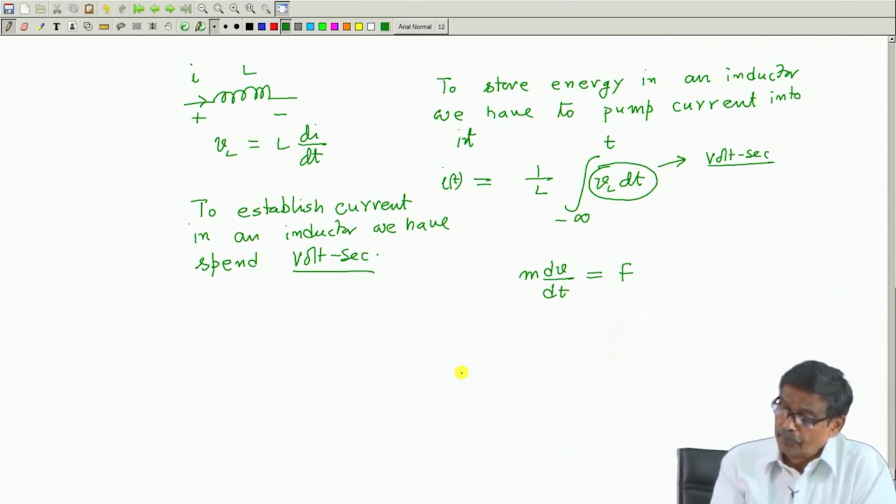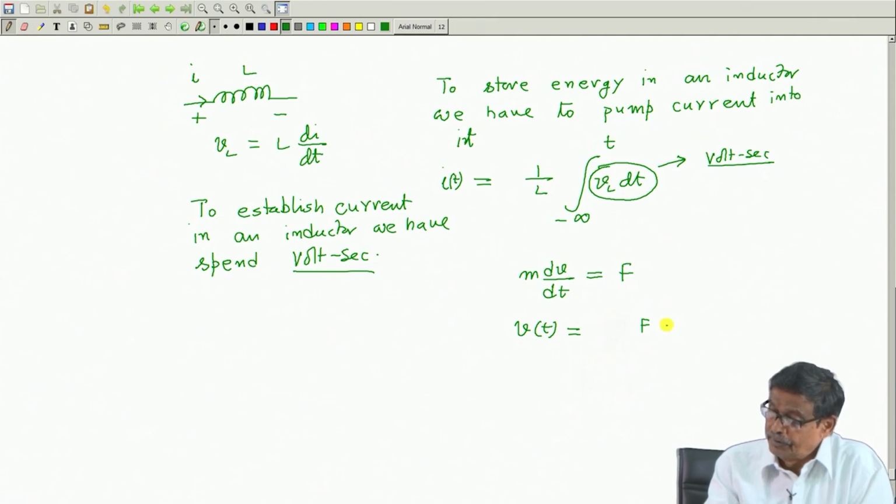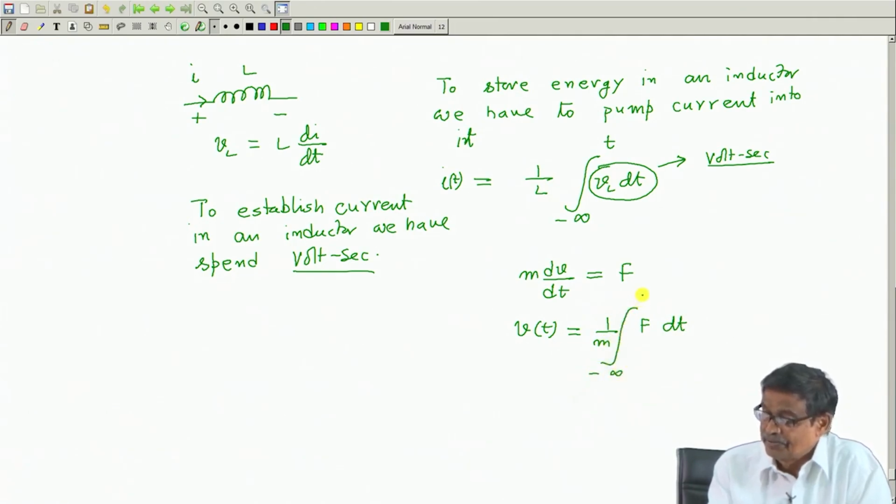If you want to find out the current velocity, then you must do this integration, a similar equation, 1 by m, integrated from minus infinity to t.